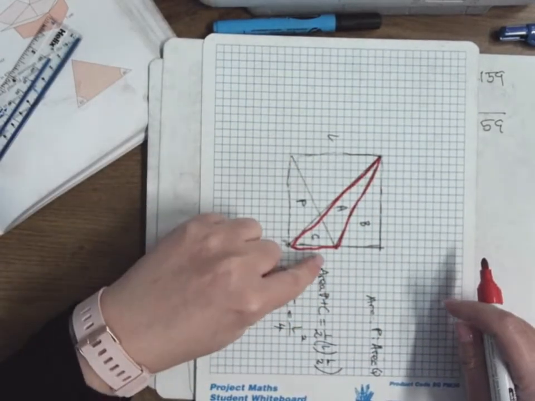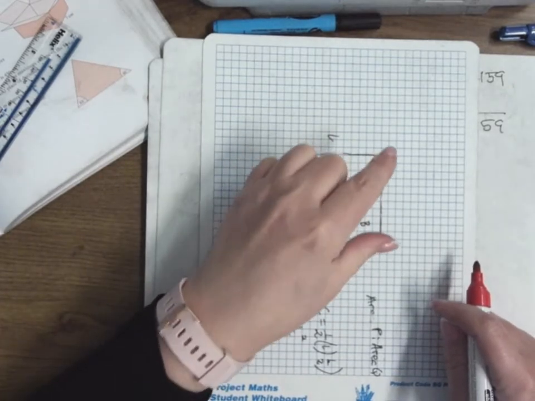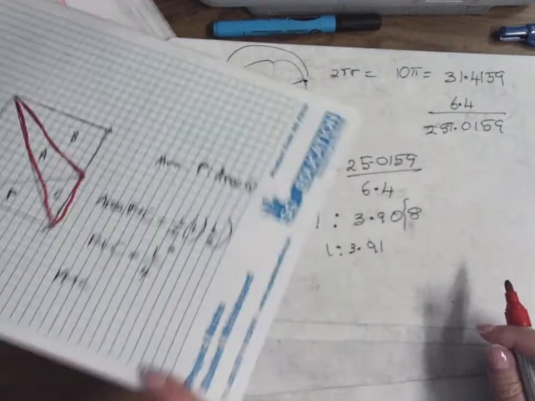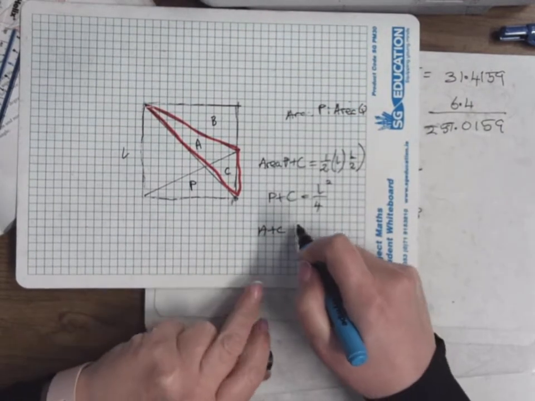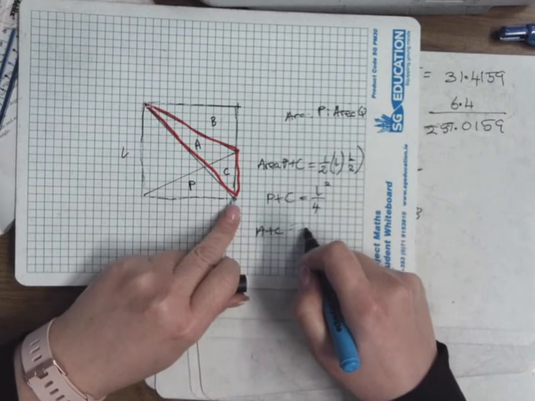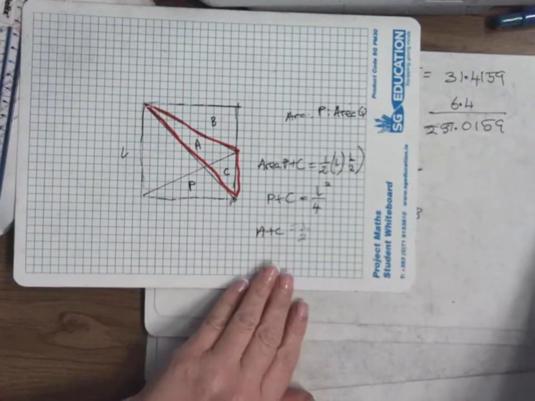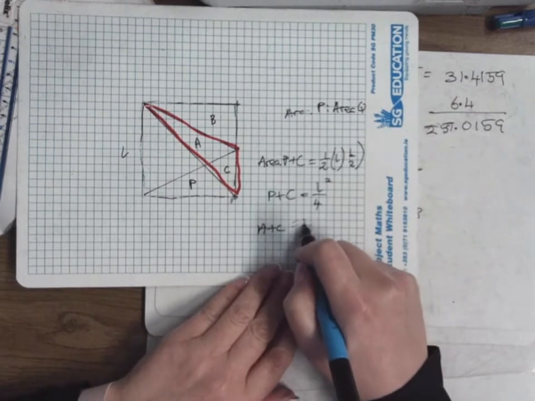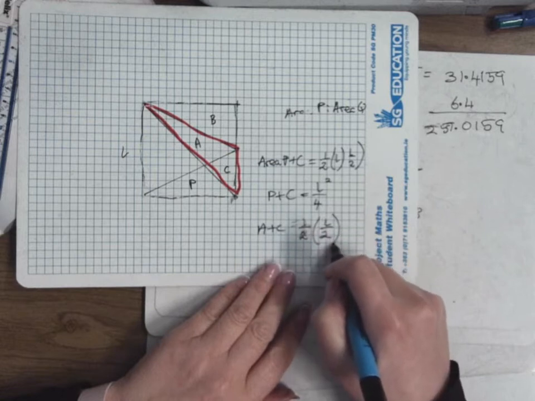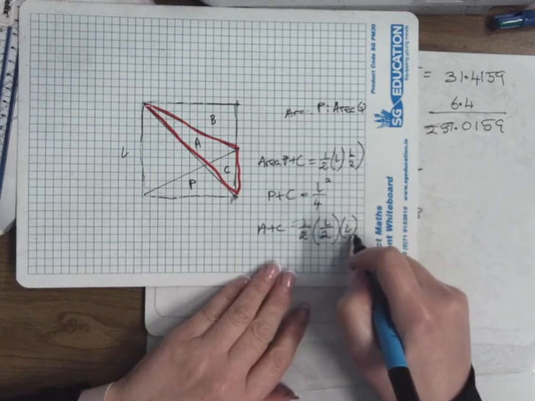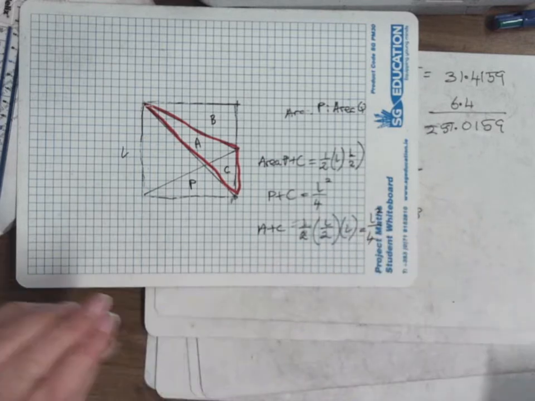Perpendicular height is the distance from the bottom line to the top, which is on the outside, and it's L. Would you agree? So A plus C, it's a half, the base I'm using as L over 2, and the perpendicular height is L, which is L squared over 4 again. Is that okay?